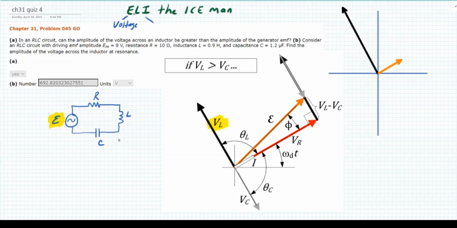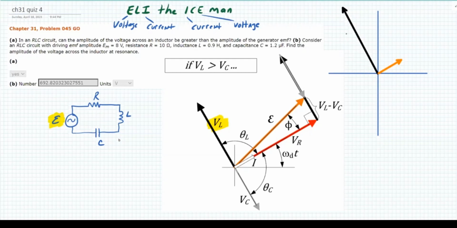In Eli, E comes before I: voltage leads current for an inductor. For Iceman, I stands for current: current leads voltage for a capacitor in an RC circuit, an RLC circuit. So Eli the Iceman, a very well-known acronym.